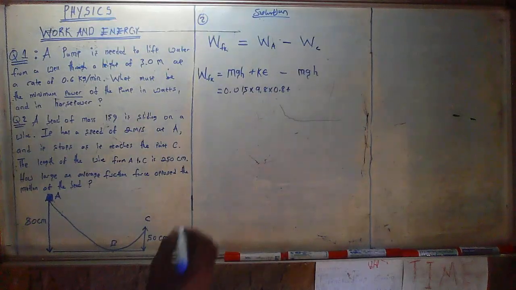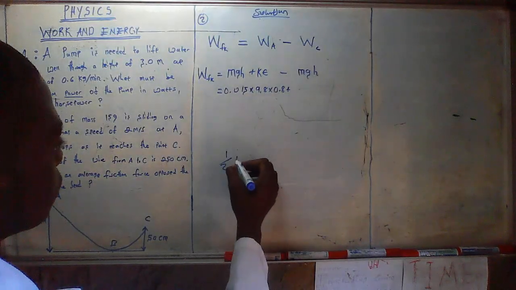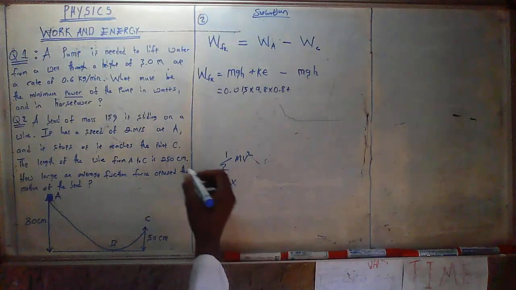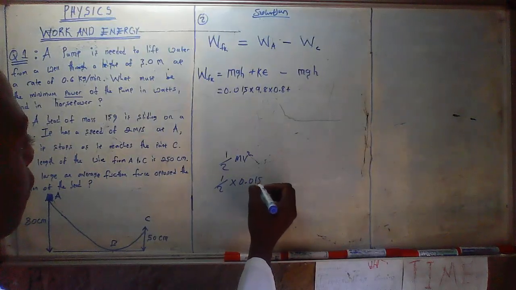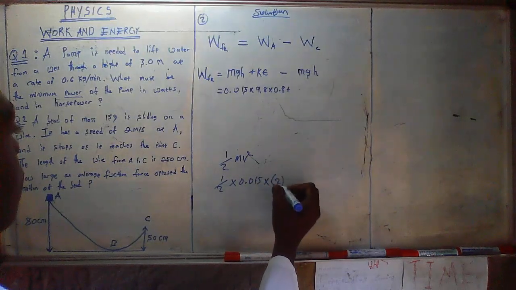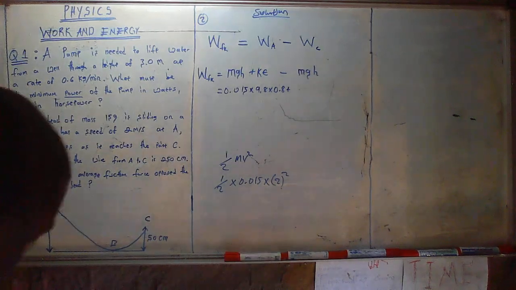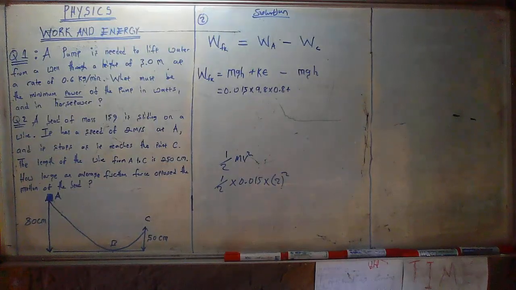Plus, we have kinetic energy. Kinetic energy is 1 over 2 mv squared, right? Yes, 1 over 2. What is the mass? The mass is 0.015. The velocity is 2, squared, multiplied by that.